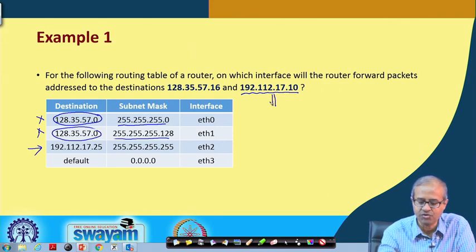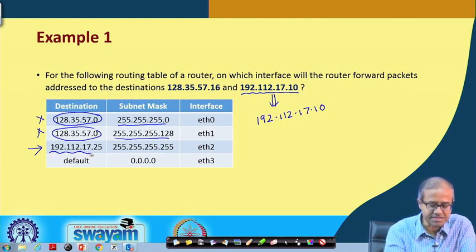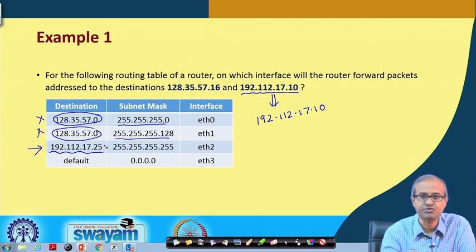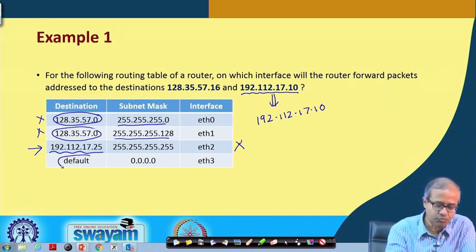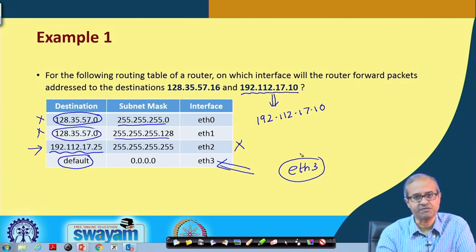If you AND with all ones, the same thing will remain, there will be no change, 192.112.17.10. So, now if you compare it with this destination address, it is not matching, here this 25, here this 10. So, here also there is no match. So, in that case you will have to take the default route, and this packet will be forwarded to ETH3.